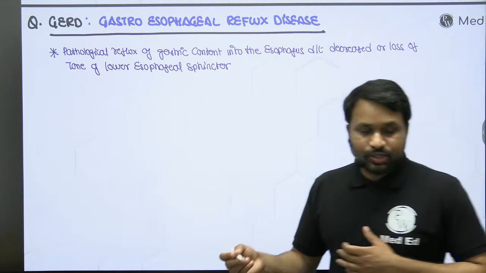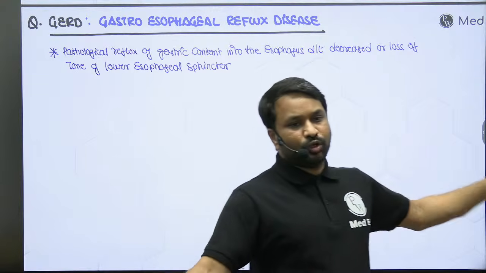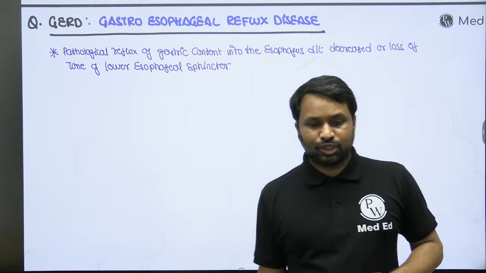So it's a pathological reflux of the gastric content into the esophagus due to decrease or loss of tone of the lower esophageal sphincter, which is what we call GERD.